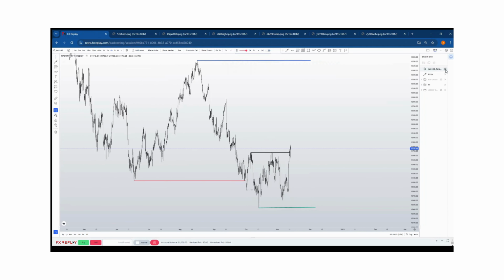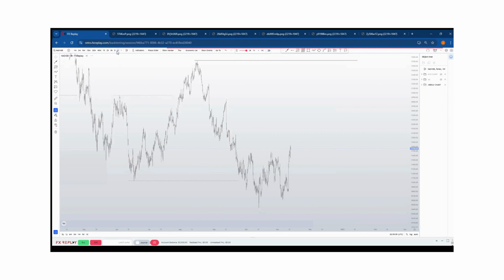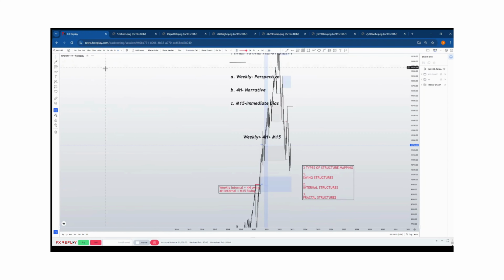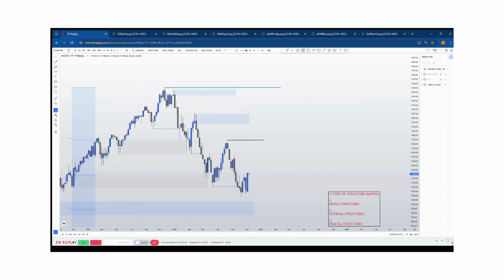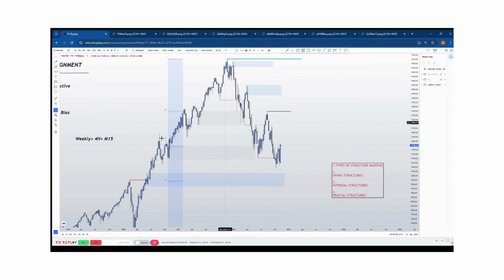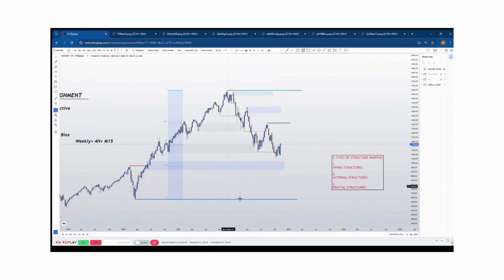But on the weekly, remember we already have our swing structures.